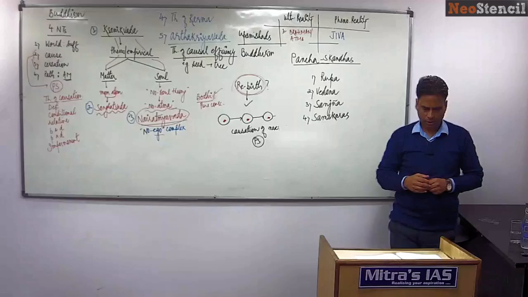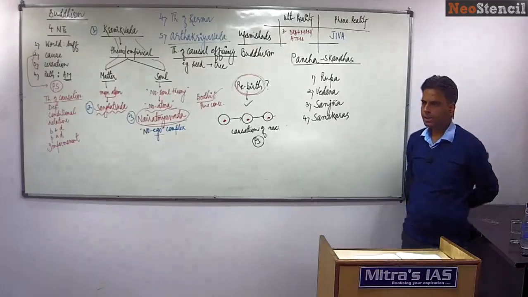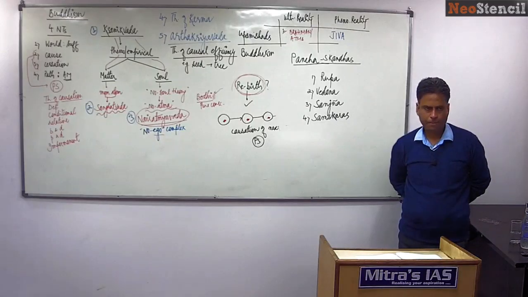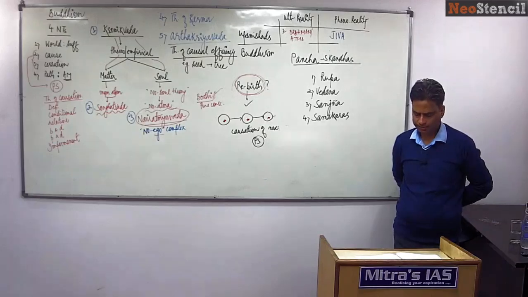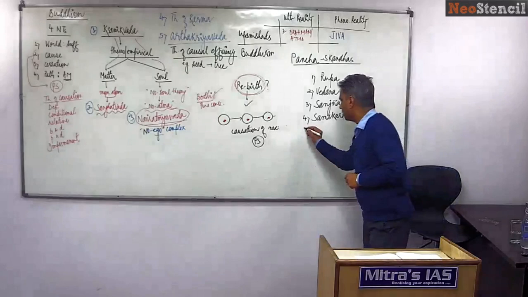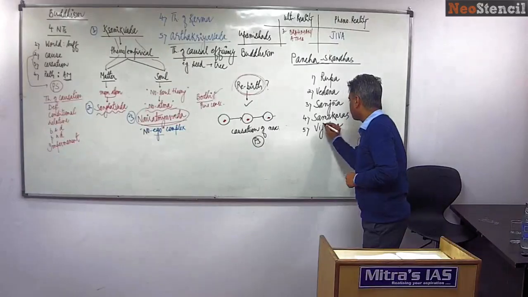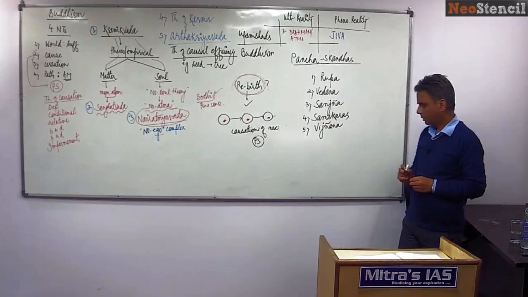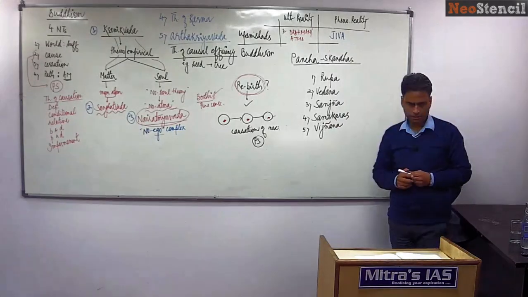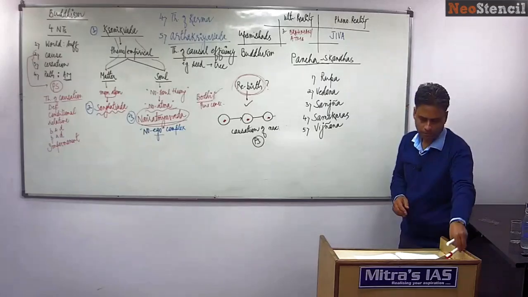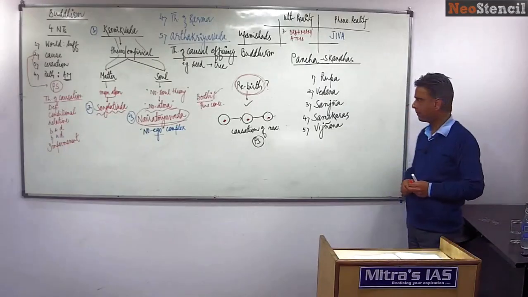Fourth is sanskar, that is tendency or mental formation. And fifth is Vigyan, that is consciousness.